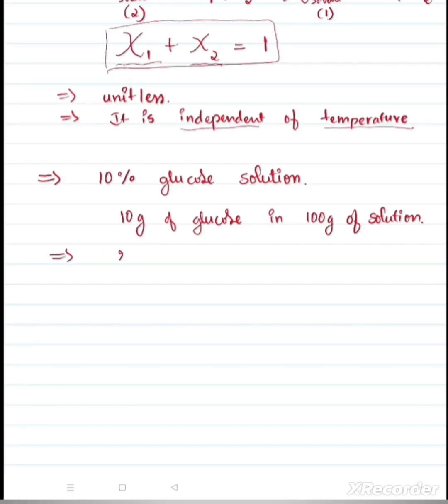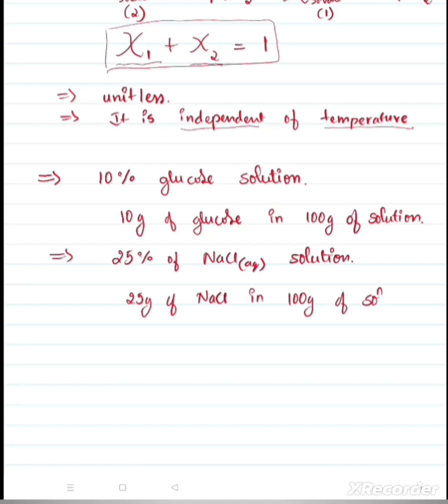Otherwise, if they give a 25% sodium chloride aqueous solution, it means 25 grams of NaCl, sodium chloride, in 100 grams of solution, or we can also say 75 grams of solvent. Total you should get 100.